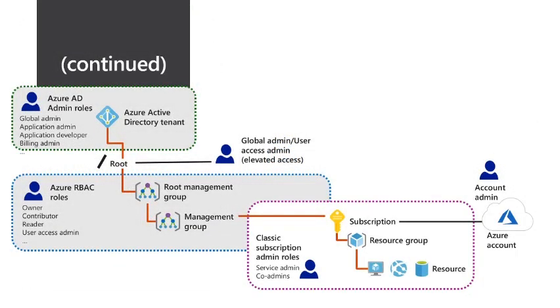So to better understand roles in Microsoft Azure, it helps to know some of the history. When Azure was initially released, access to resources was managed with just three administrator roles: account administrator, service administrator, and co-administrator. Later, role-based access control (RBAC) for Azure resources was added.